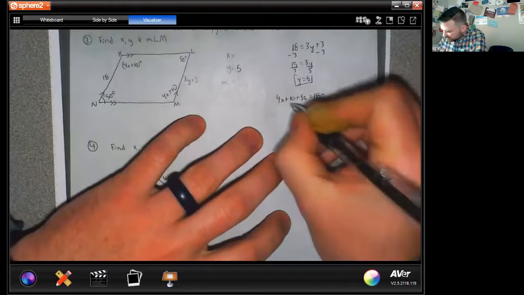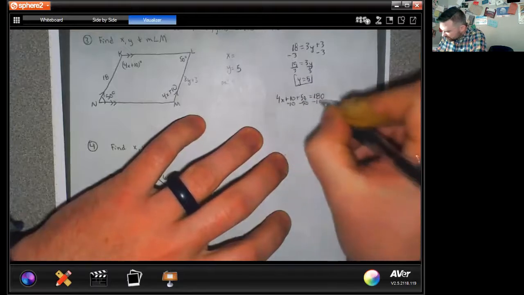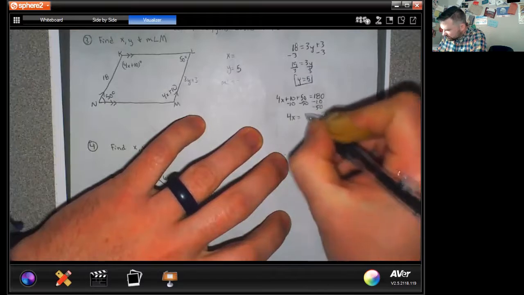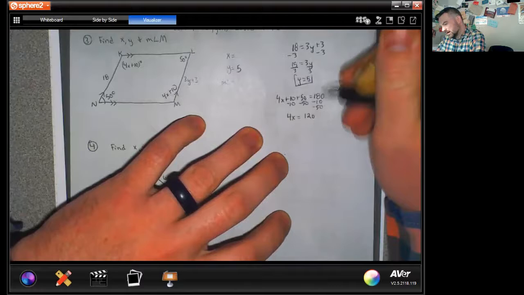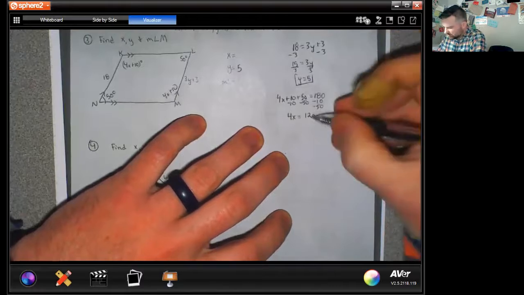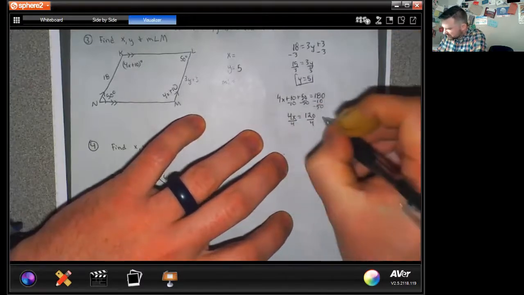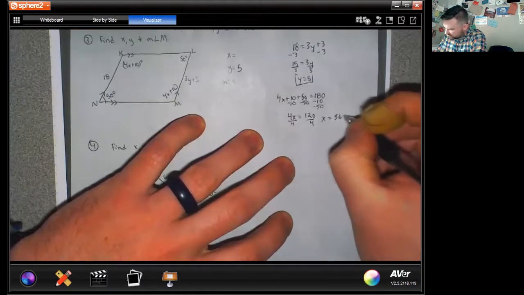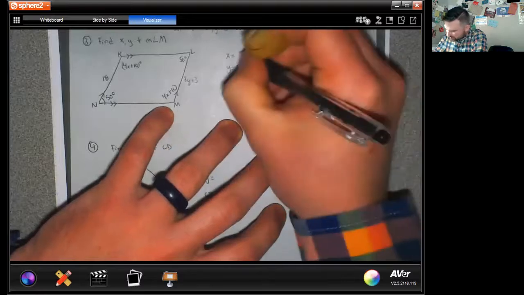So I've got to subtract 10, subtract 50. So 4x equals 120. Divide by 4, and x equals 30. So x here is 30.